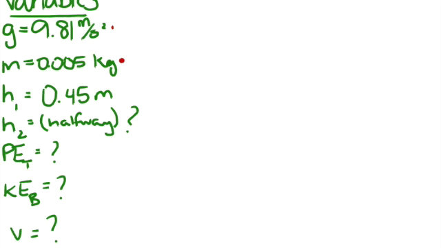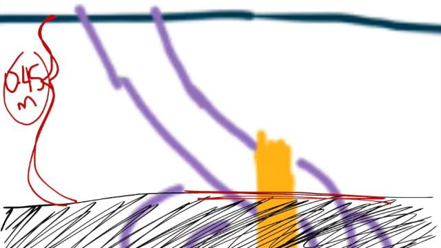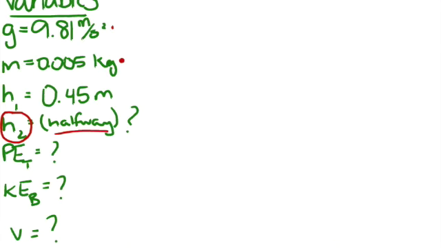But the question specifically asks about the velocity halfway down the descent, and so we're going to need to find H2, which is going to be the height of the halfway mark. We also will need to find potential energy at the top of the descent, kinetic energy at the bottom of the descent, and then finally, of course, velocity at the halfway mark.